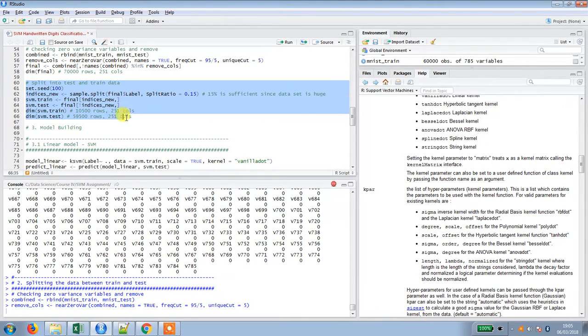So once this is done, we will split the entire dataset into the testing and the training datasets. So we use 15% as a threshold. Since it's a huge dataset, we believe that 15% of the dataset would be a good amount of data to build a model.